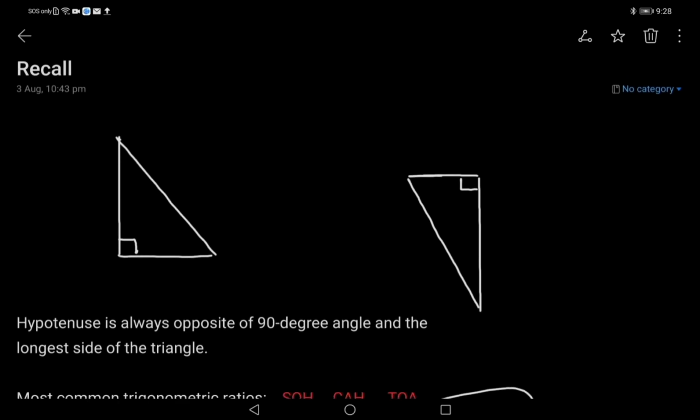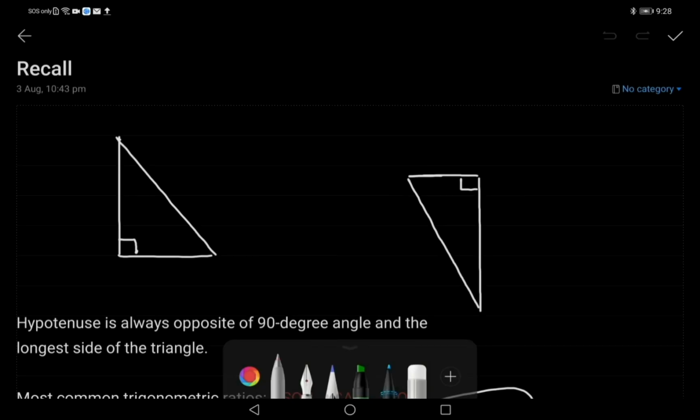So we have here two right triangles. If this is the angle theta, this side here becomes the opposite side.